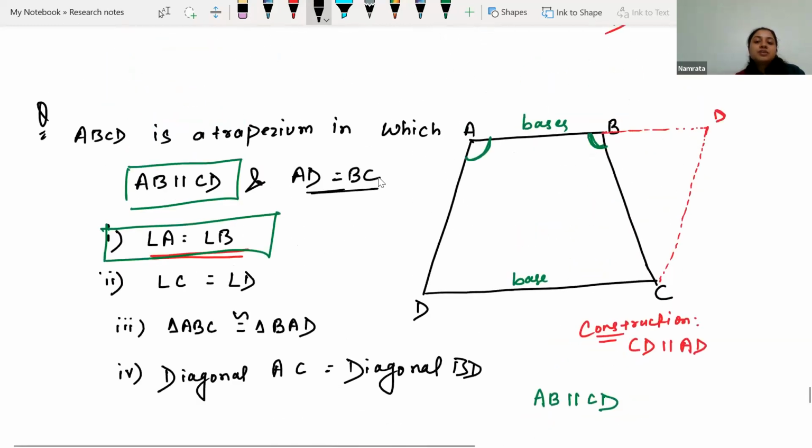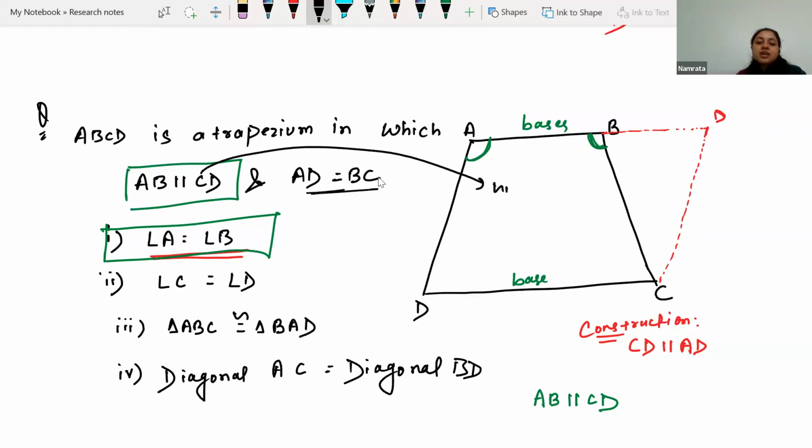Here in our theorem, since AB and CD are parallel, which is given in the question, if we extend AB, it will still be parallel to CD. So if you have extended your line AB, let me take another point over here.